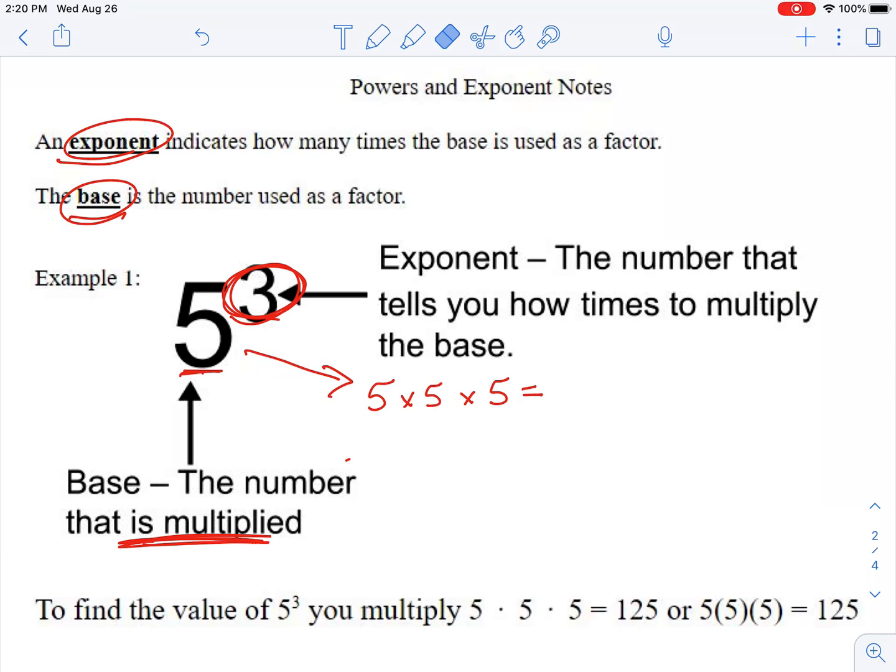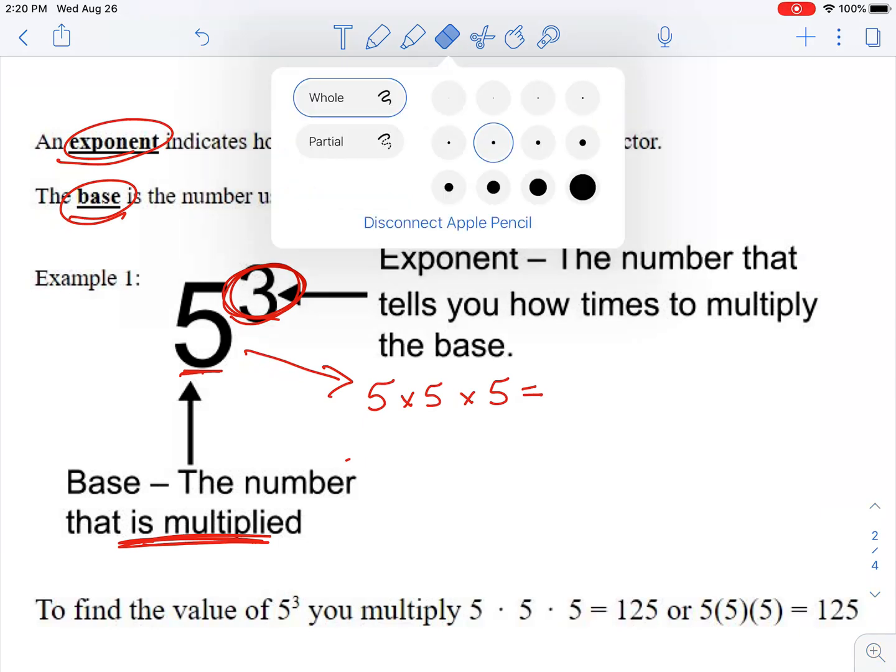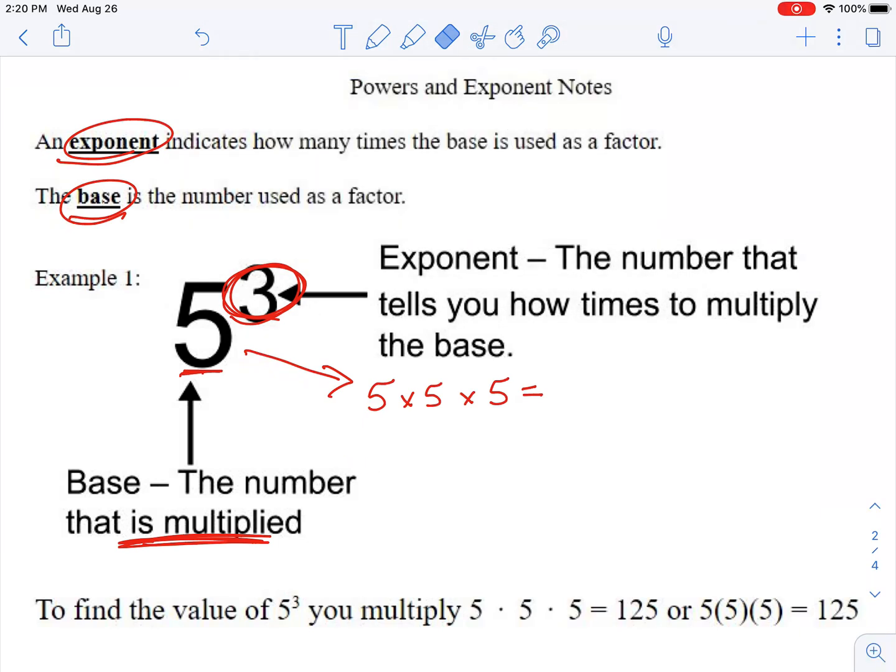Now we're in 6th grade now, so we don't always use that x as our times sign. As you can see down here, I've written it 5 times 5 times 5 using that dot. We're going to get more into using that dot for our times sign in a few days, but right now, let's get used to using that dot.